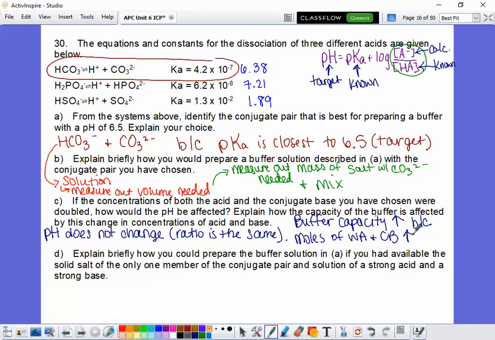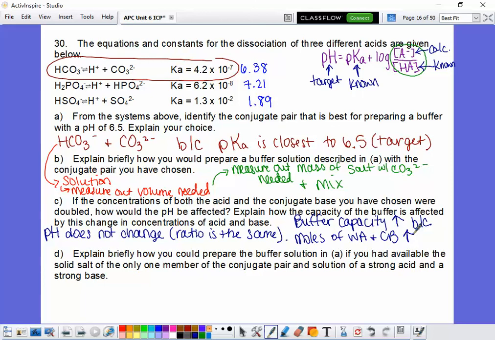Got it? Okay. And then for letter D, what if we only had a solid salt of one of our components, either the weak acid or the conjugate base? What if we only had a solid salt of one of those components available? How could we make a buffer? Can we make a buffer? Instead of in letter B where we had both components, what if we only had one?